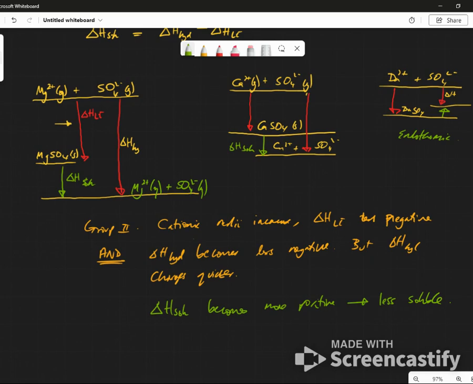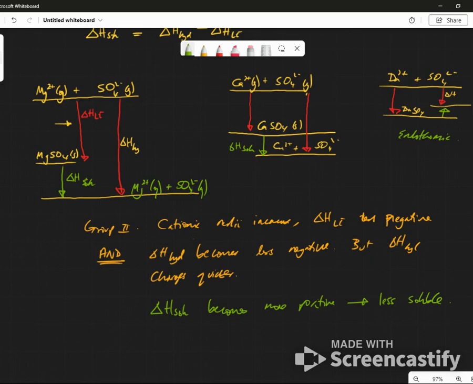So basically, there are two factors: lattice energy and hydration energy. The way I think of it, by the way, is if your hydration energy is bigger than your lattice energy, the thing will dissolve because there's enough hydration energy to smash up the lattice. And as you can see from my diagram, in magnesium sulfate, that is the case. The hydration is bigger than the lattice energy.